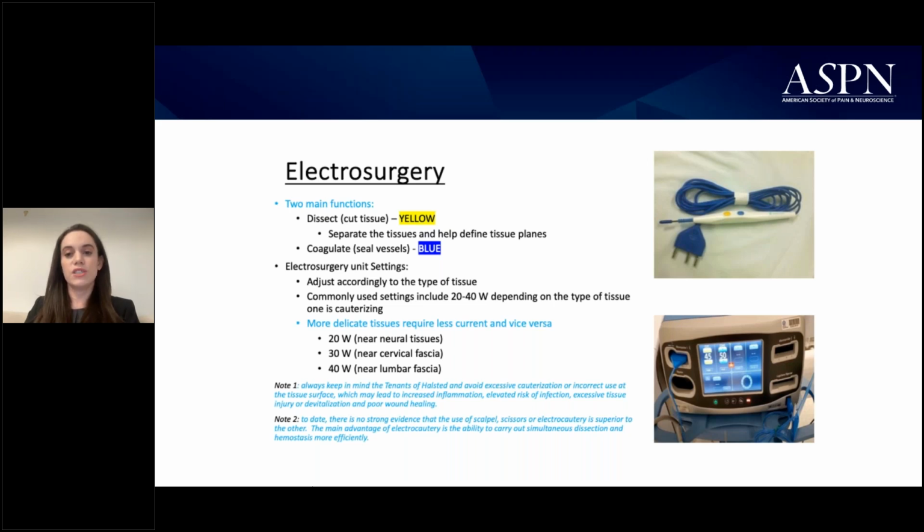Whereas a higher wattage will be used when you're going through a thicker tissue such as the lumbar fascia. And it's important to note that you should avoid cauterizing the surface tissue, as this can cause inflammation, increase your risk of infection, and lead to poor wound healing. It's also important to note that there's no evidence that the use of scalpel, scissors, or electrocautery is superior to the other. Next slide, please.